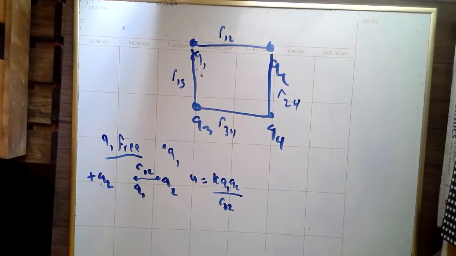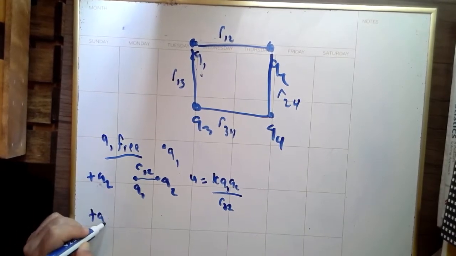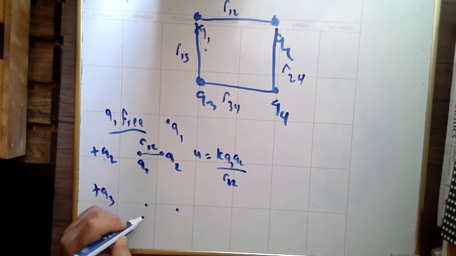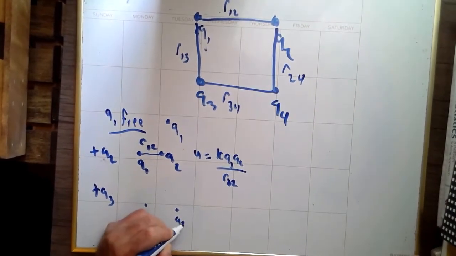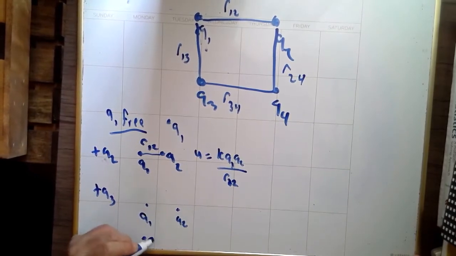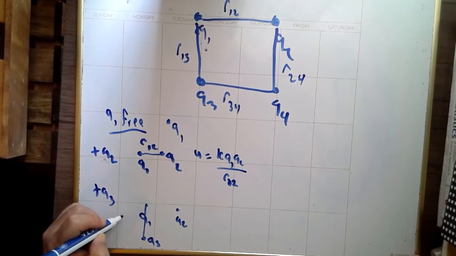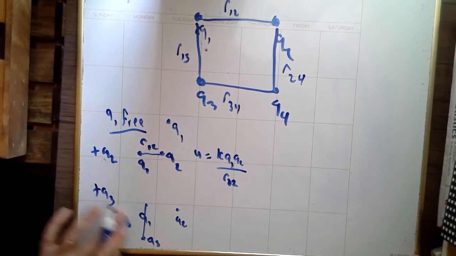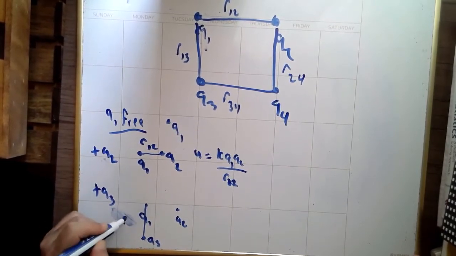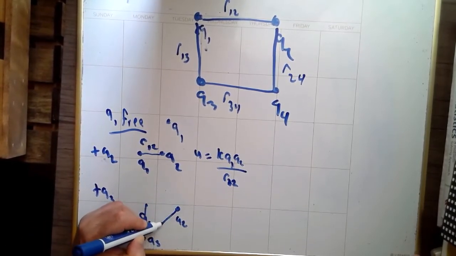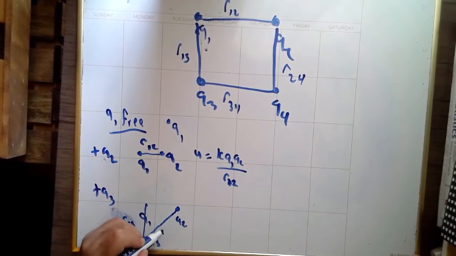Add in a third charge. So add in Q3. So the two guys that are already sitting there are both going to fight him coming in. So I've got this distance here, r13. I'm going to need to use Pythagorean to find this distance across this diagonal, r23.